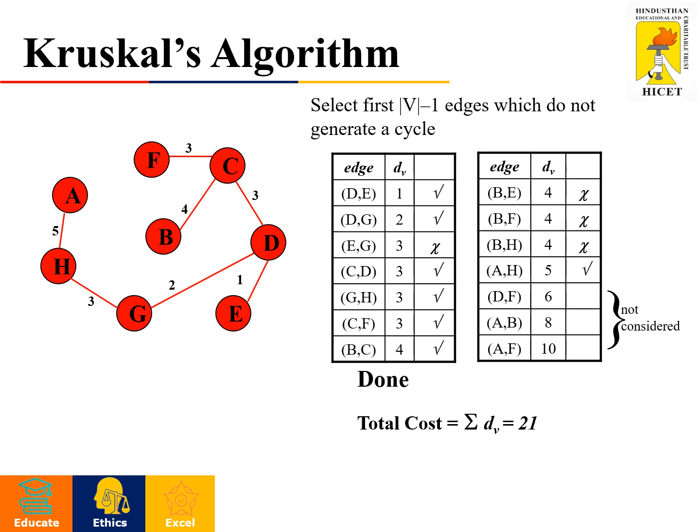Then we have to find the cost of this subgraph. The acyclic subgraph cost is 21. Okay, this is the final minimum weighted graph after applying this Kruskal algorithm.